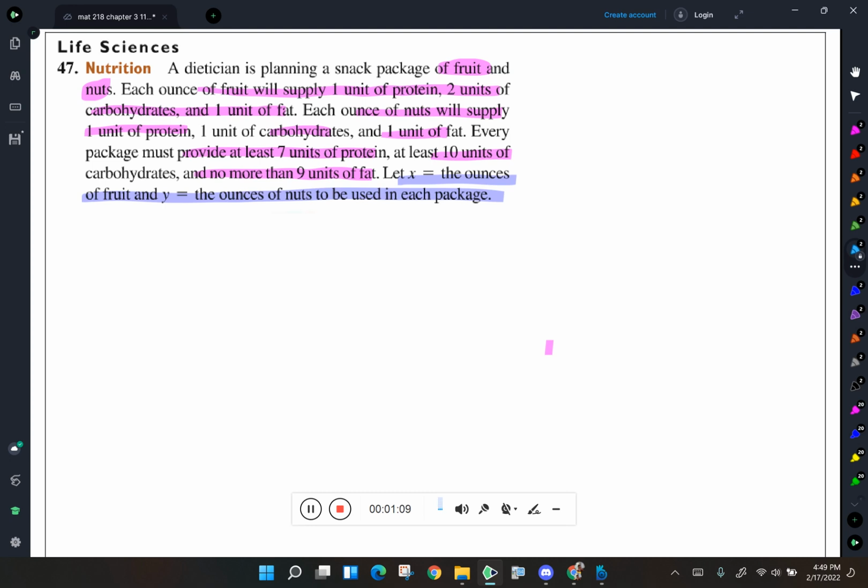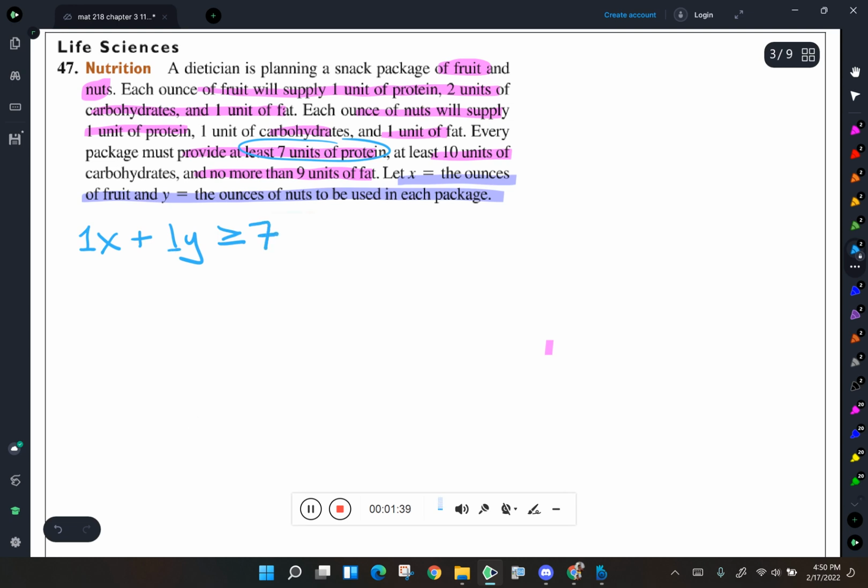Well, it looks like I've got information about protein, about carbs, and about fat. And I need to have at least 7 units of protein. So in the fruit, there's 1 unit of protein. So the protein from the fruit, 1 times the number of ounces of fruit, plus the nuts is 1 unit of protein, so that must be at least 7.